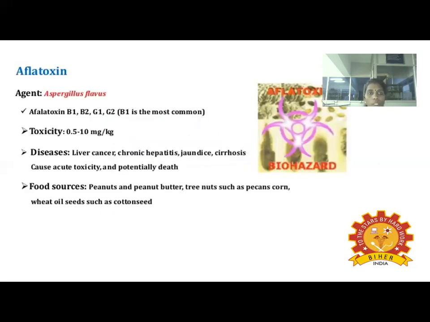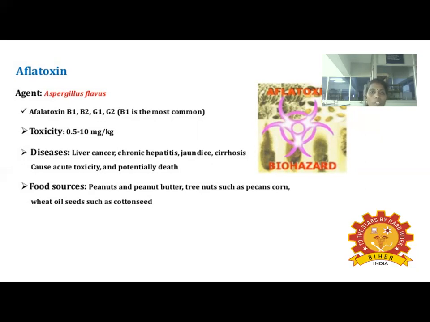Then aflatoxin, the agent Aspergillus flavus. Aflatoxins are B1, B2, G1, G2. B1 is the most common. The toxicity is 0.5 to 10 mg per kg.